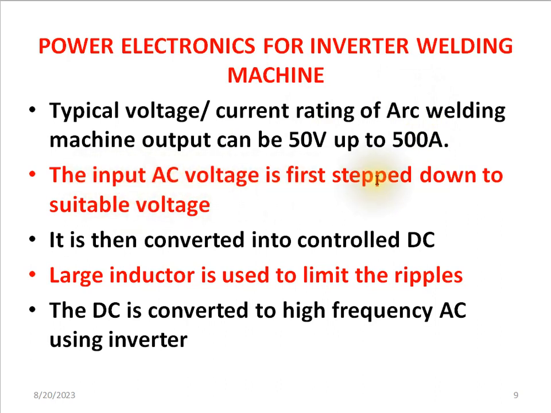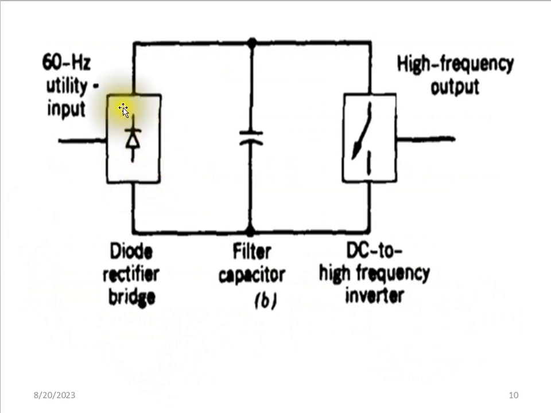The AC input voltage is first stepped down, that is from that 240 to 50 volts, or any suitable voltage, because this 50 is just a reference, and it is then converted into DC using what we call a controlled DC circuit. And then we use a very large inductor in order to filter out all the ripples in the DC generated, and this DC is finally converted to a very high frequency using an inverter, just like the one we have seen before.